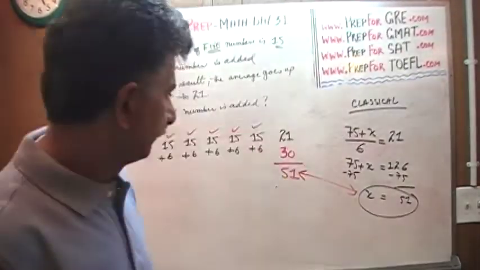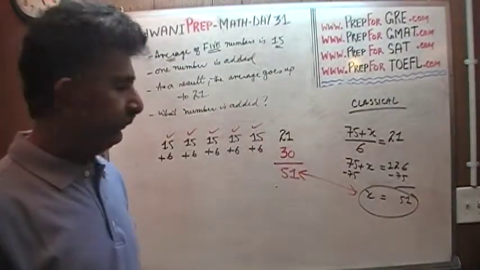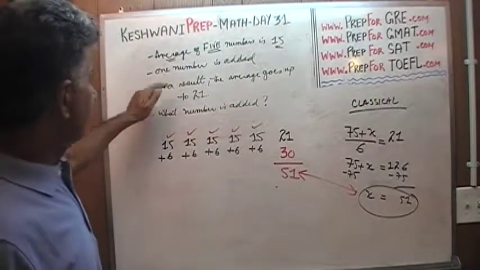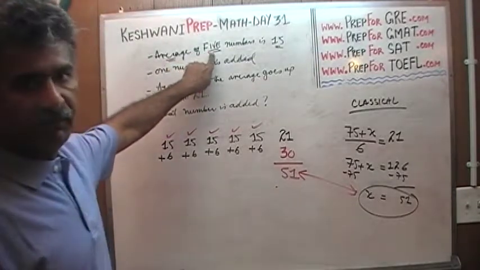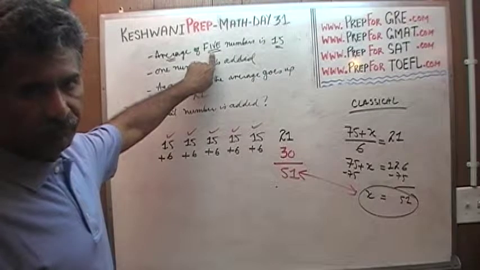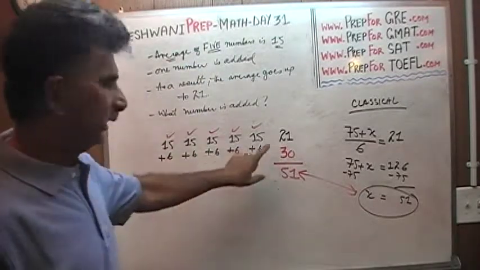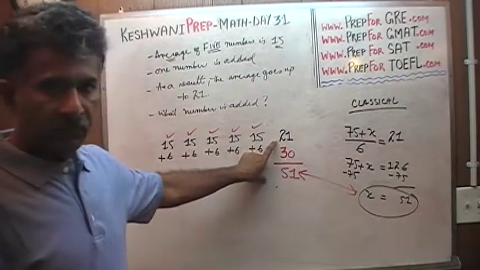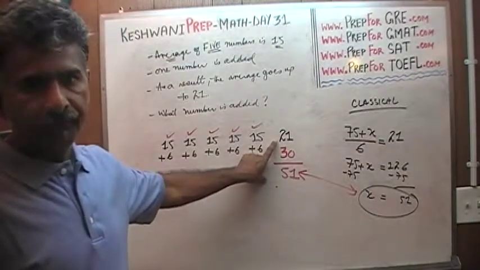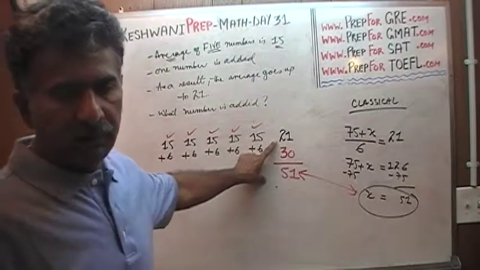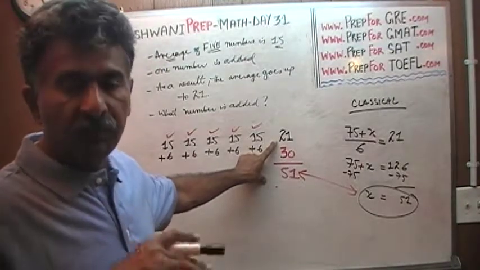That's all. I'm going to explain it one more time. We started out with 5 15s because we know the average of 5 numbers is 15. The easiest way you can have 5 numbers whose average is 15 is to pretend that they are all 15s. Then let's add one more number, 6th number. Let's pretend it's 21, which of course we know is not 21. It's got to be a hell of a lot more than 21 because the new average is 21.